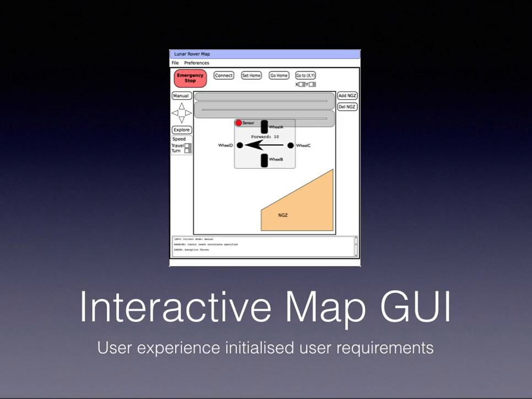So the operation would go such that we connect and then move with manual exploration mode by moving forward, left, right, to set the home location, and then we can go into explore mode and set the travel and turn speed to acceptable limits so that it can avoid the no-go zone, which would be created with the add no-go zone and delete no-go zone buttons.